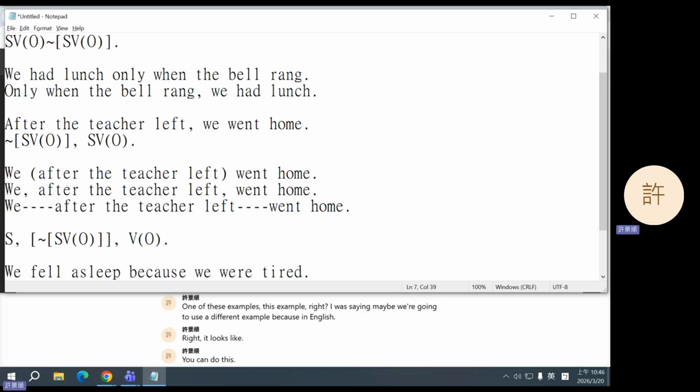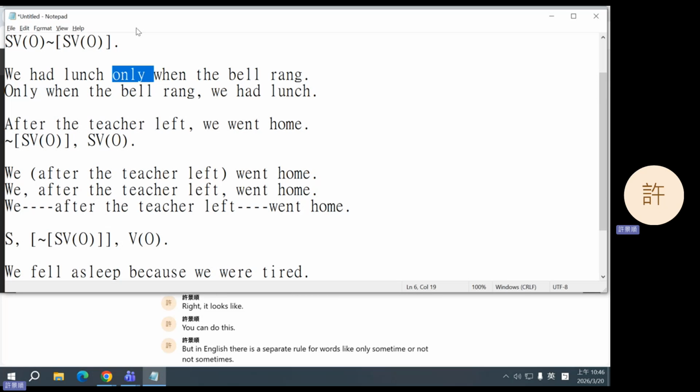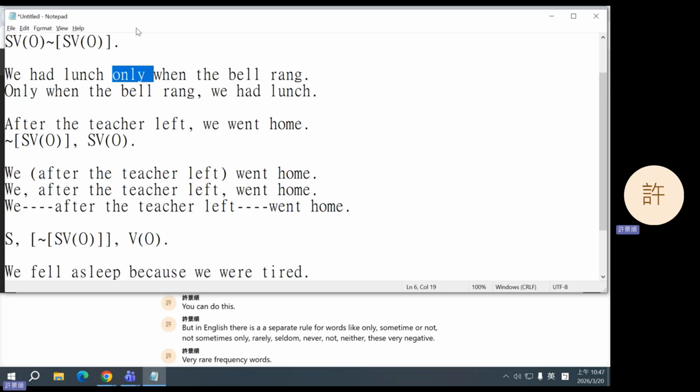But in English, there is a separate rule for words like only, rarely, seldom, never, not, neither. These very negative, very rare frequency words. Words that express negativity or rare frequency.